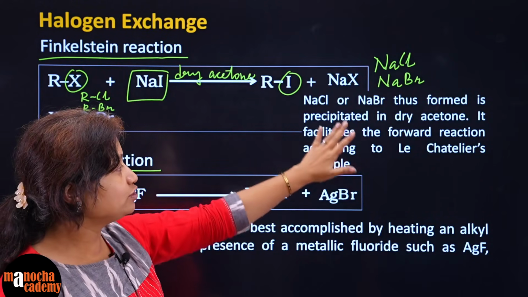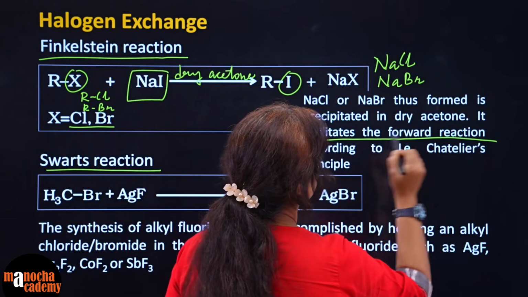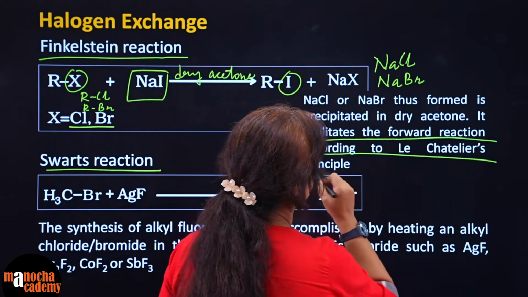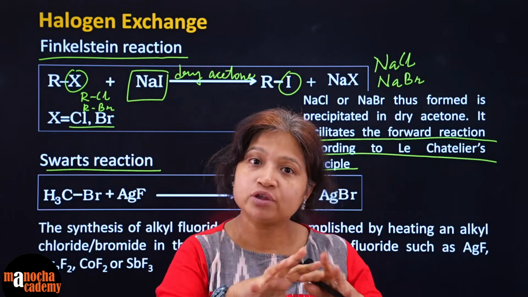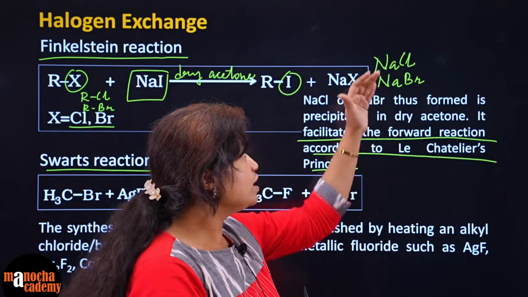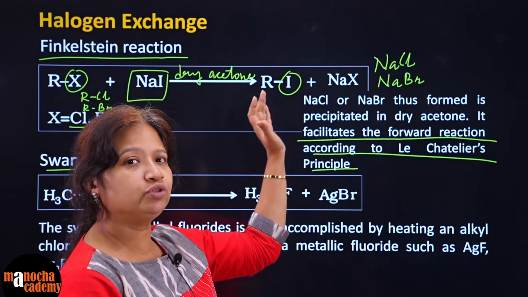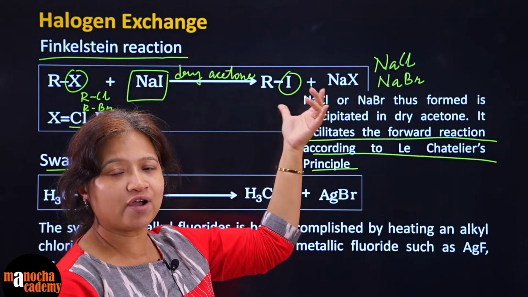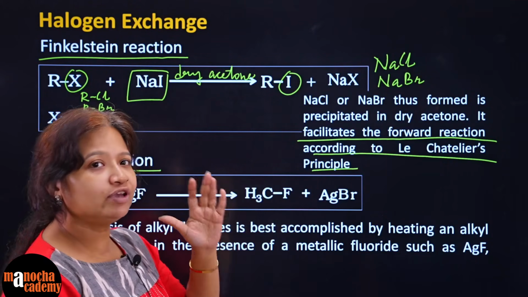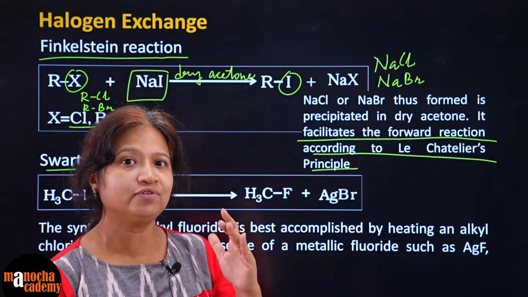That facilitates the forward reaction according to Le Chatelier's principle, because when it comes down as a precipitate, it no longer belongs to the reaction medium. You are removing one of the products formed, so the equilibrium shifts to the right, you get more RI, and the yield of RI increases. So conversion of alkyl bromide or chloride to iodide is by the Finkelstein reaction.